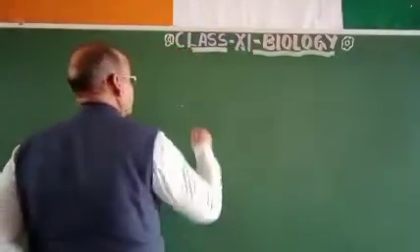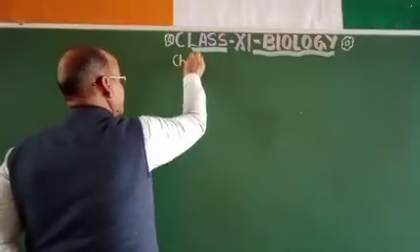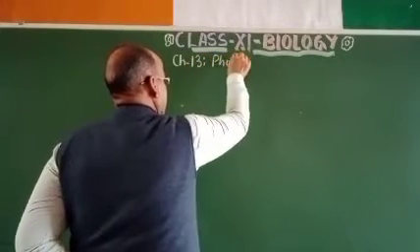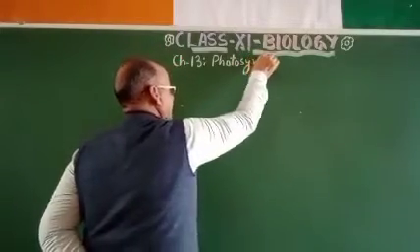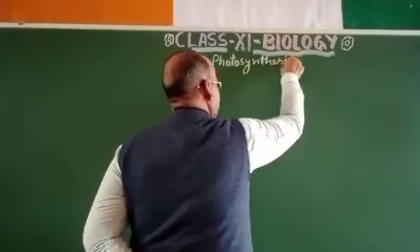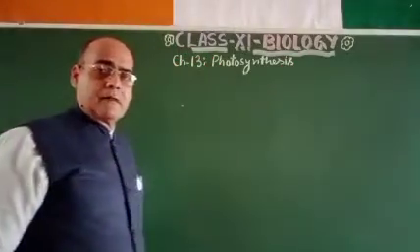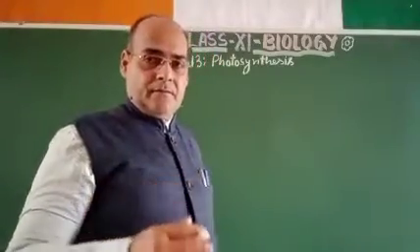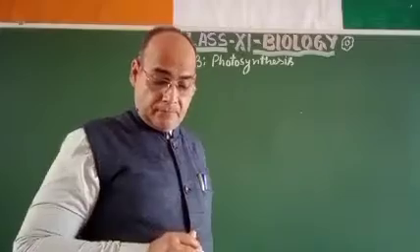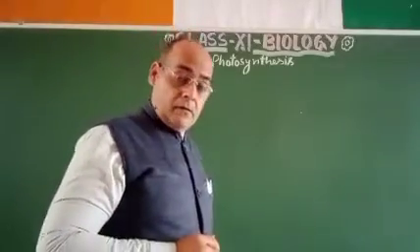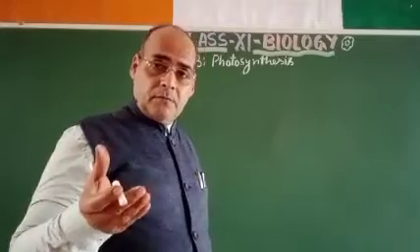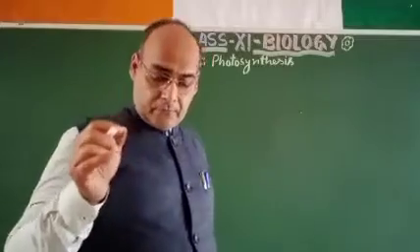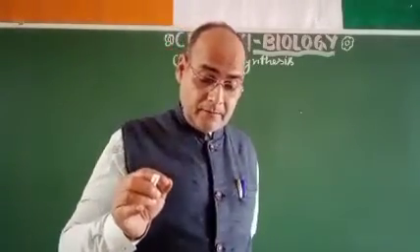So what happened in this chapter 13, photosynthesis in higher plants? Next step is the site of the absorption of light in the chloroplast, and the site of the manufacturing of the food in the cell, that is the chloroplast. Inside the chloroplast is the site of absorption of light.